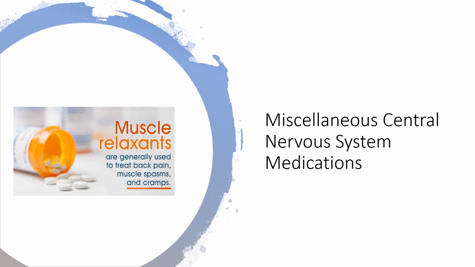Okay, so let's move on to the next chapter, which is muscle relaxants. And the way to think of muscle relaxants and muscle spasms is that there are acute muscle spasms where someone has either lifted something too much or twisted in a wrong way, and they have an acute sudden onset of a muscle spasm, typically in their back.